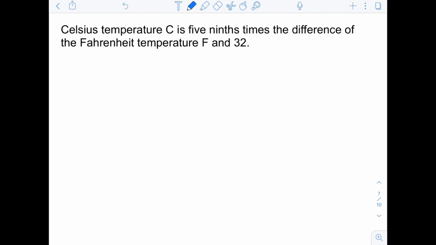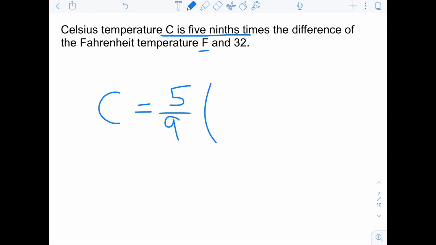Let's translate this into a formula as well. Celsius temperature C is 5/9 times the difference of the Fahrenheit temperature F and 32. We're using C for Celsius and F for Fahrenheit. So C equals 5/9 times the difference of Fahrenheit temperature F and 32.